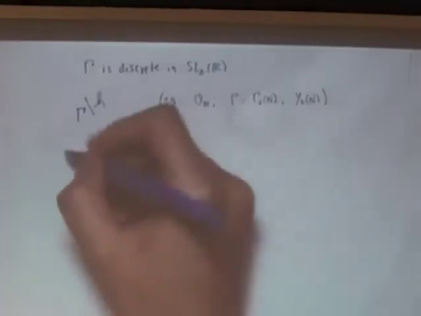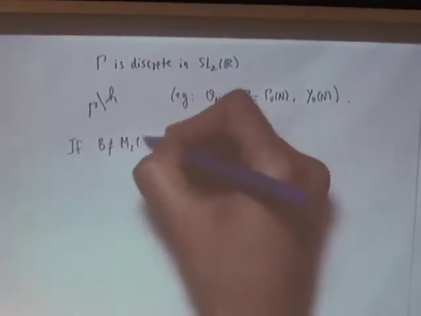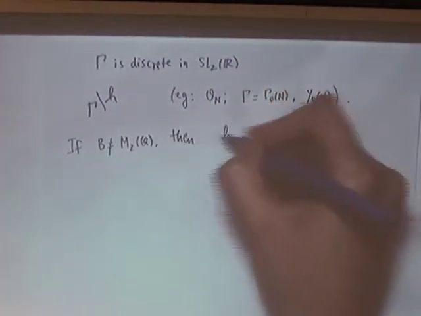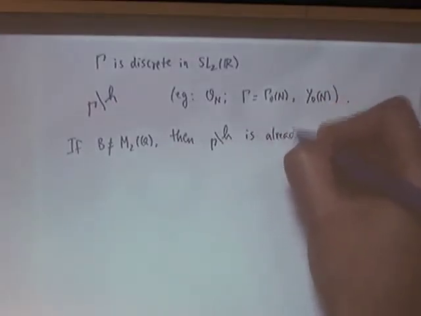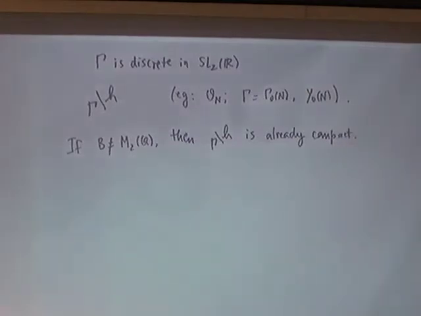But the interesting thing is that if your quaternion algebra is not the split algebra, M2 of Q, then this H mod gamma is already compact. So there aren't any cusps.